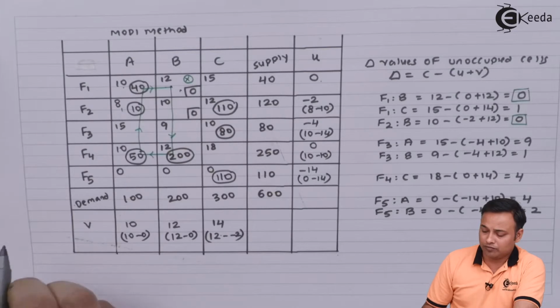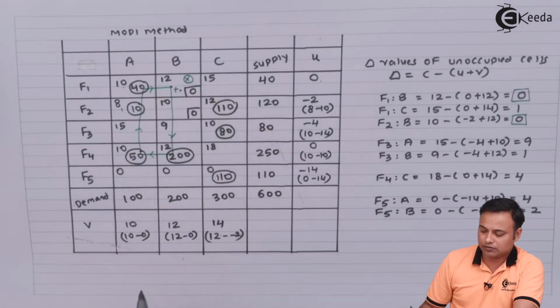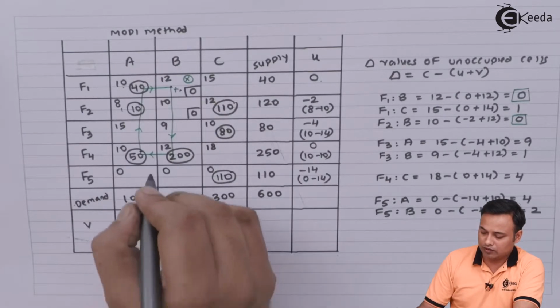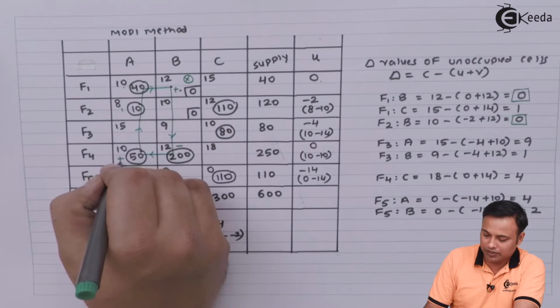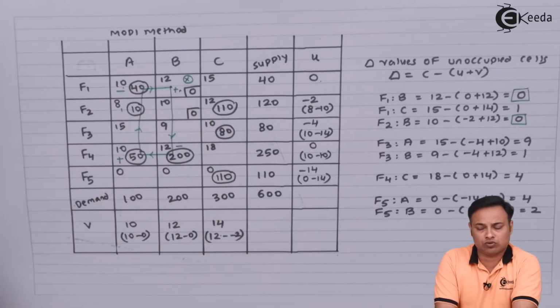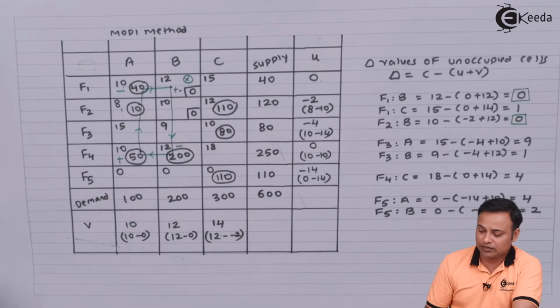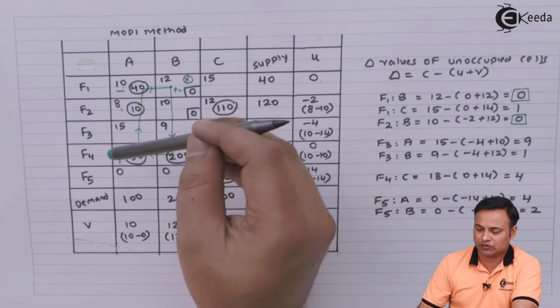So we started from F1B, the value will be plus, then minus, again a plus and minus. Where we started the loop, we have to give a positive sign. Plus minus plus minus, I have two negatives and two positives.